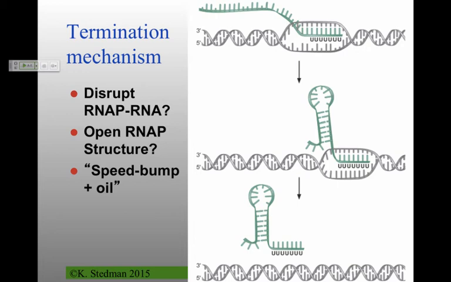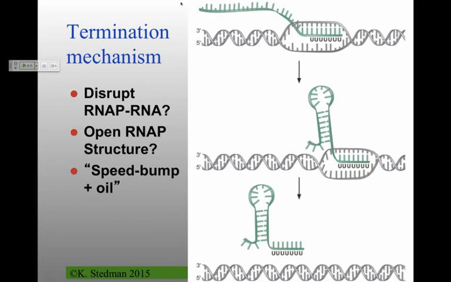So factor-independent terminators are secondary structures, I should say sequences that lead to secondary structures. When I talk about secondary structures in nucleotides, that's, again, base pairing interactions that happen. So secondary structures here are going to be basically stem loop structures. That secondary structure, which forms here, is due to sequences which are complementary to each other.